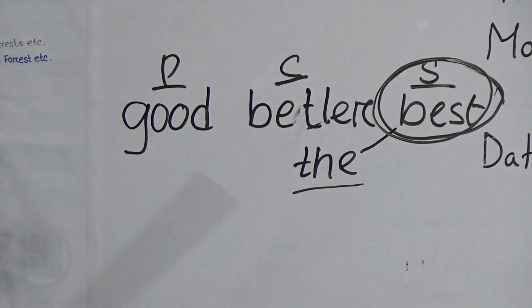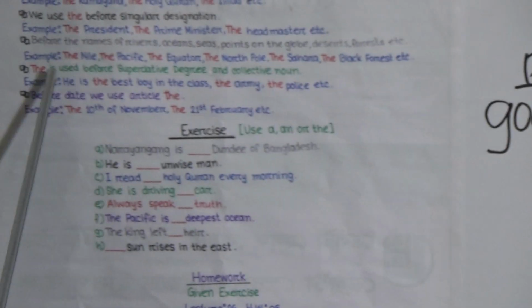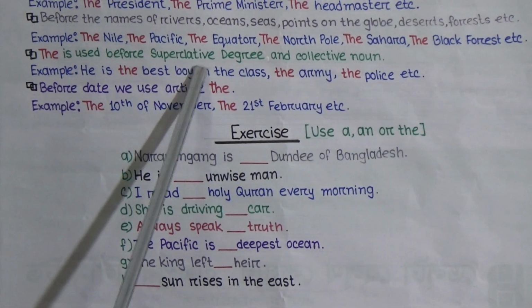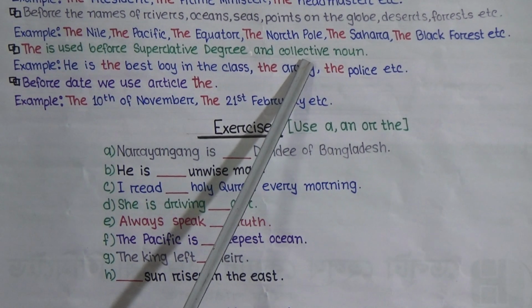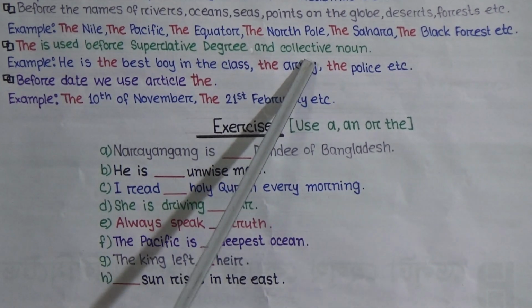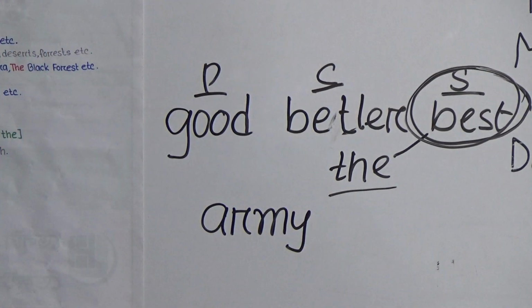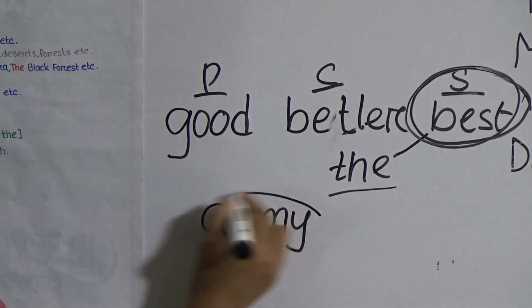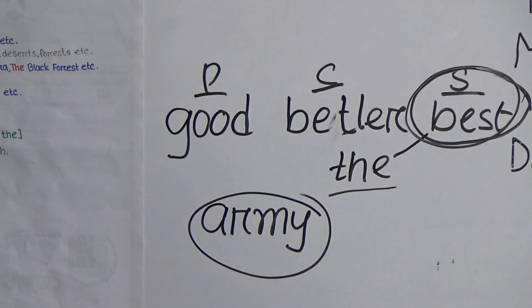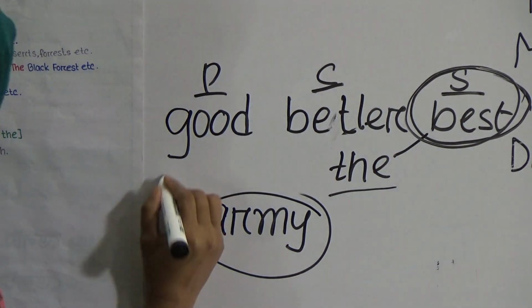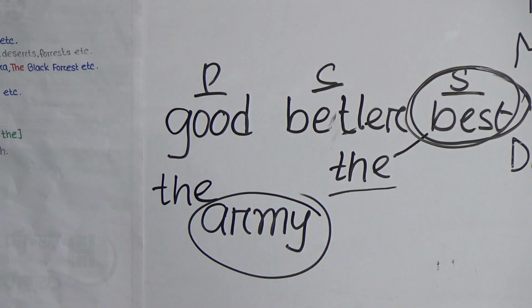So like this, if we say about collective noun, look here, we say that the is used before superlative degree and collective noun. So do you know what is collective noun? We can say army, navy, police, such words. So before these words, they are collective nouns. So before these words, we have to use article the.